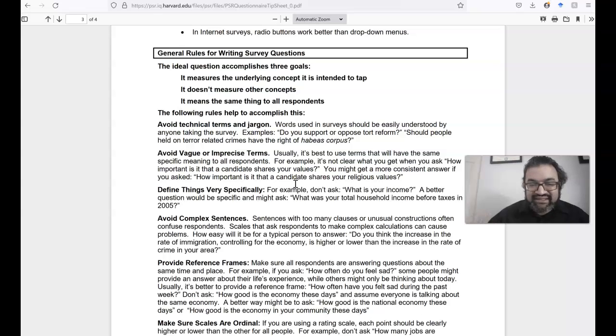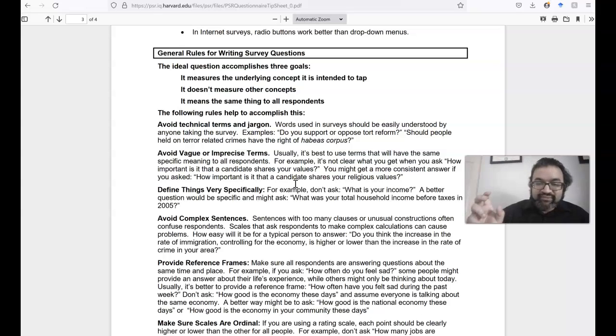Avoid complex sentences, and then provide reference frames. So thinking about, for example, if you ask how often do you feel sad, some people might provide an answer about their life experience, and that's fine. But then you want to be thinking about a frame of reference.